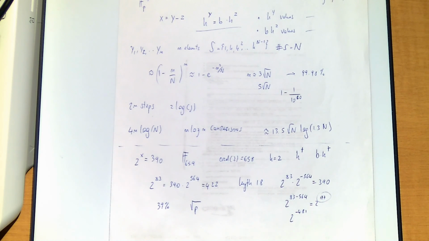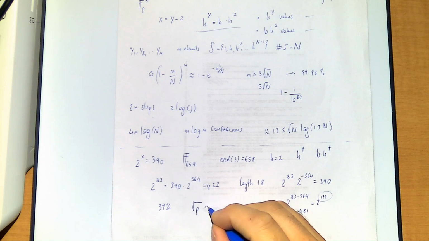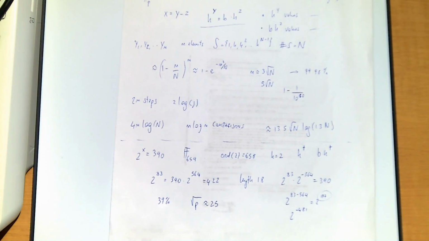So if you take the square root of p, which is, what was it, 659? Square root, about 25. Okay, so that's why it was a little bit less. So at least 18 was a little bit shorter than what we expected.